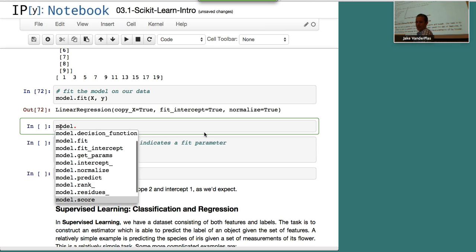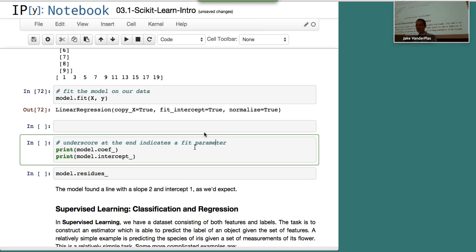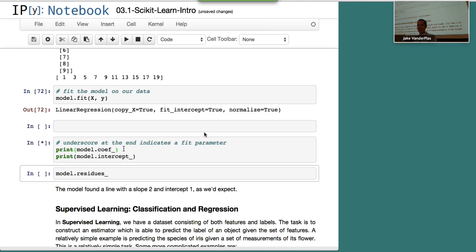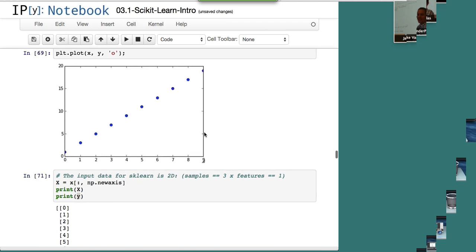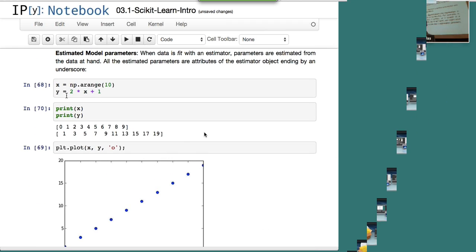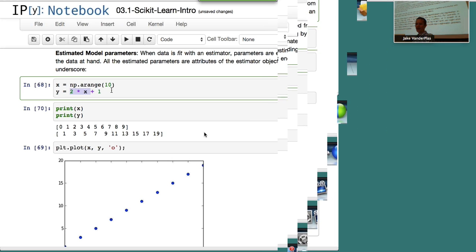Rank, residues, singular, all these things were derived from the data itself. So let's take a look at some of those. Let's look at the coefficient and the intercept of the model. We see that the coefficient here is a 2, and the intercept is a 1, which tells us, if we look up here, 2 times x plus 1, that's our model.